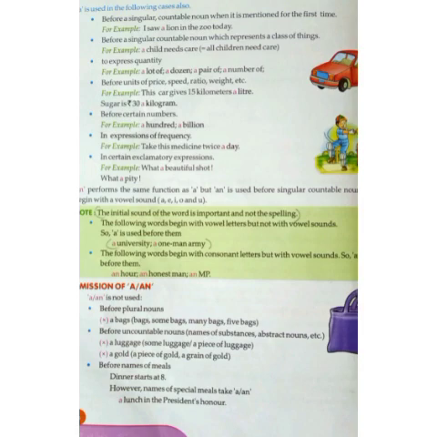That is wrong. We do not use an in front of words that start with vowel letters. Rather, we use an before those words which have a vowel sound. All right. So what is important for us is the sound of the word and not the spelling of the word.